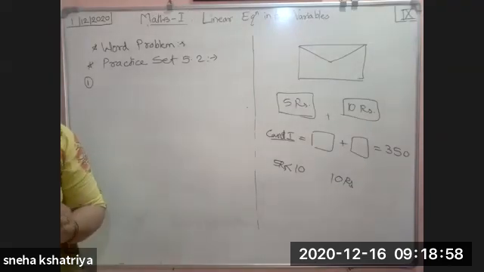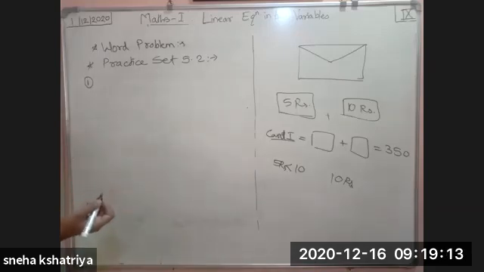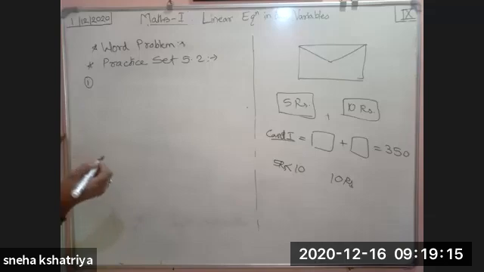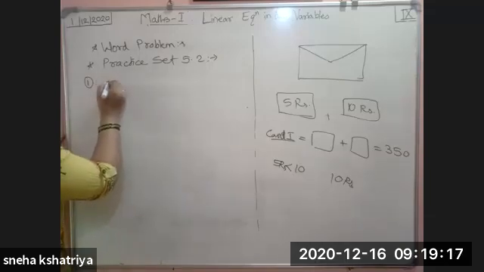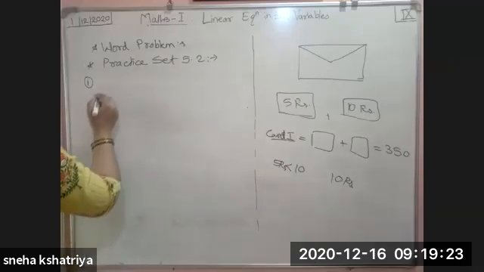You can write down that number of 5 rupees notes are less by 10 than twice the number of 10 rupees notes. Twice the number of 10 rupees notes. That is a little bit of change there in that question. I will write down only that statement.